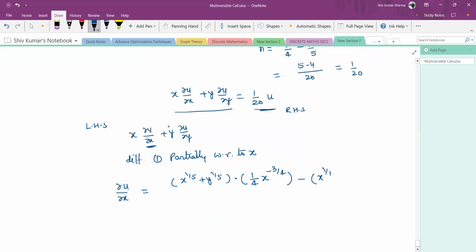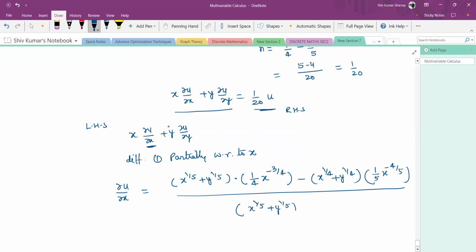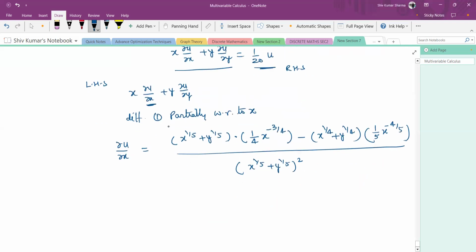Numerator is x raised to the power 1 by 4 plus y raised to the power 1 by 4, into differentiation of denominator. So we differentiate denominator. So we have 1 by 5 x raised to the power minus 4 by 5. And the derivative of y term will be 0 because we treat y as a constant, upon denominator to the whole square. So x raised to the power 1 by 5 plus y raised to the power 1 by 5 to the whole square.